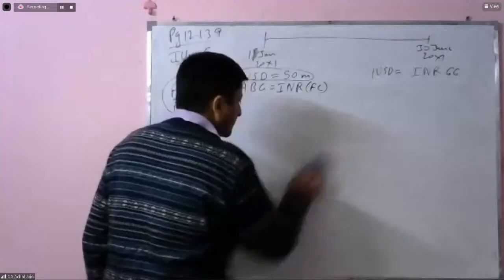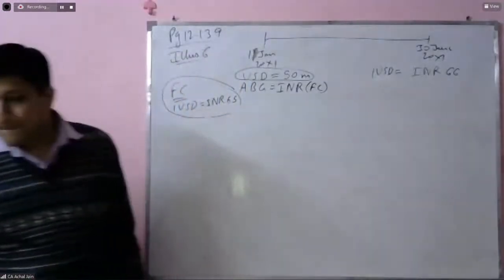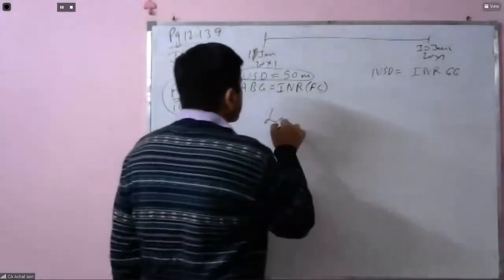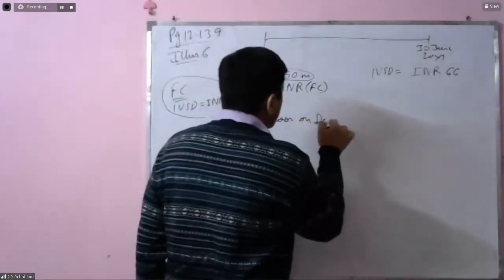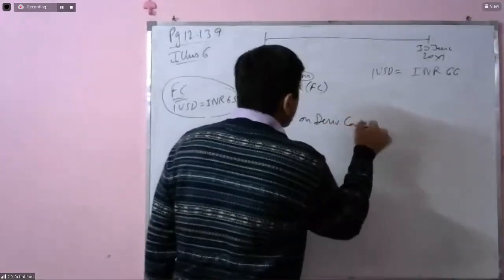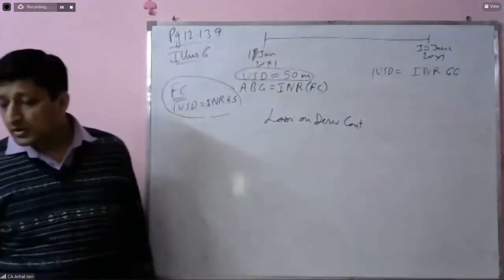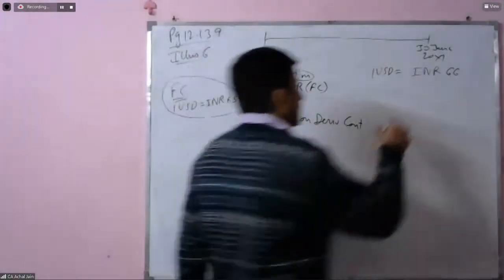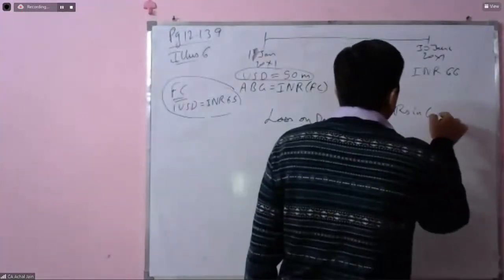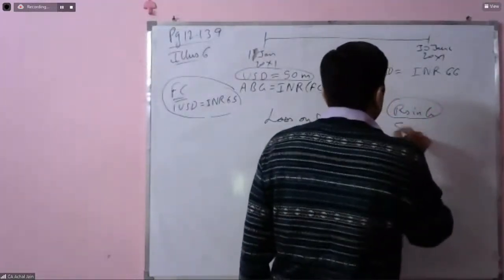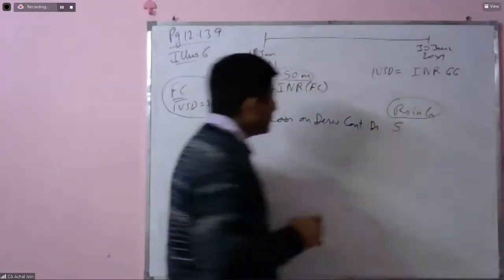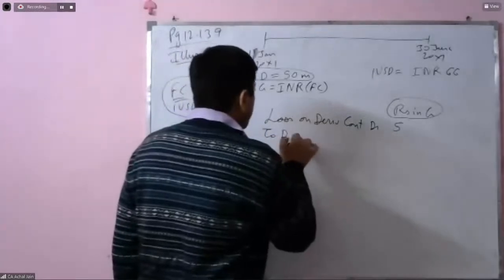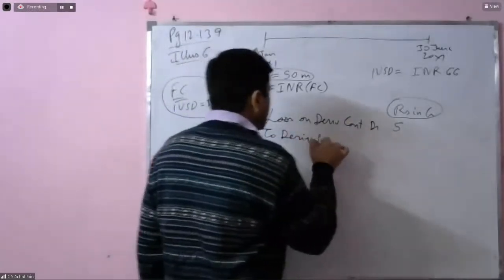So what will be the first accounting entry? In the first instance, we are saying loss on derivative contract. What's the amount? It's 50 million or 5 crore. So we are showing rupees in crores. Loss on derivative contract debit to derivative liability.